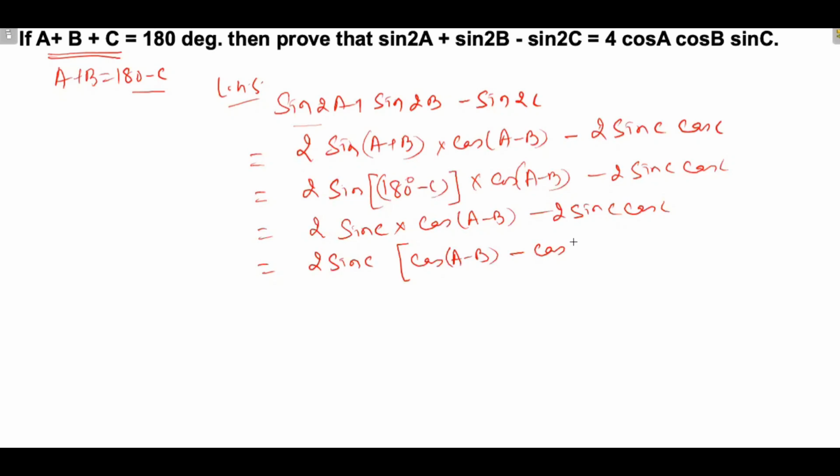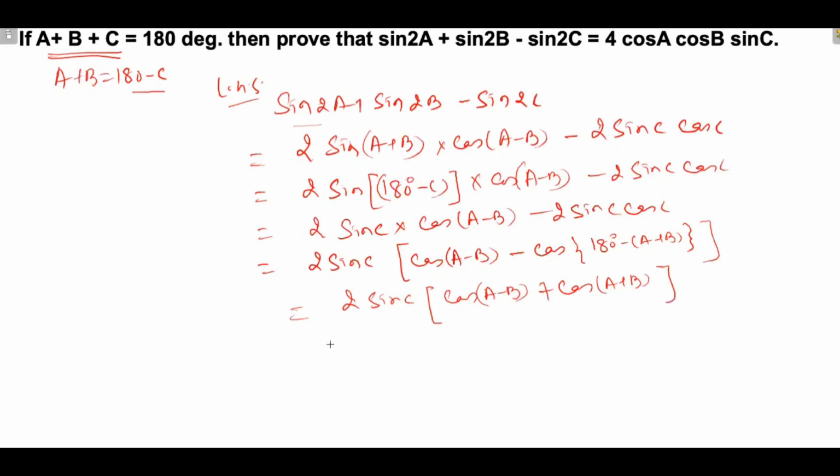Again, cos C I want to put as cos of 180 minus (A plus B). So this will become 2 sin C, then cos (A minus B), and this will become plus cos (A plus B), because cos of 180 minus (A plus B) would be minus cos (A plus B).